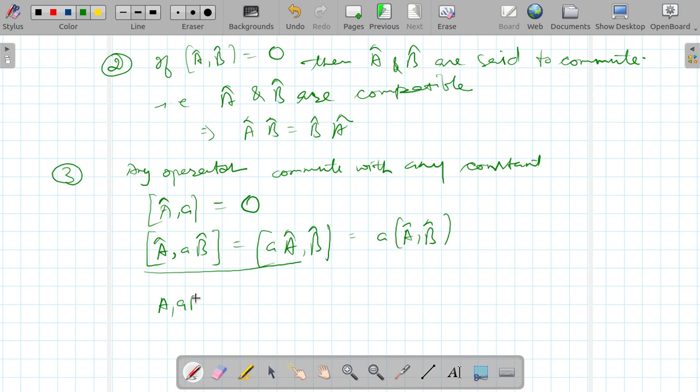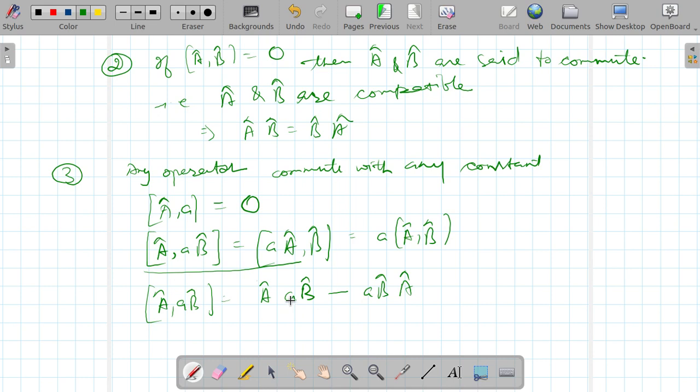Say I have a commutator like this, then it can be written as AB, no comma because it gets multiplied, minus BA.